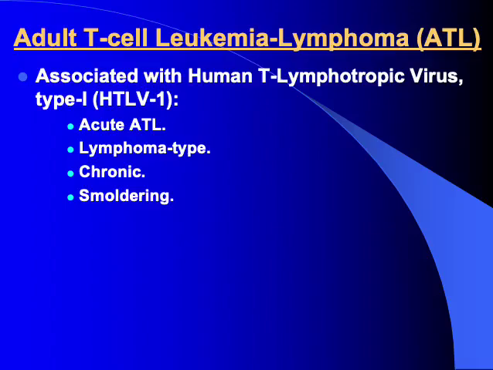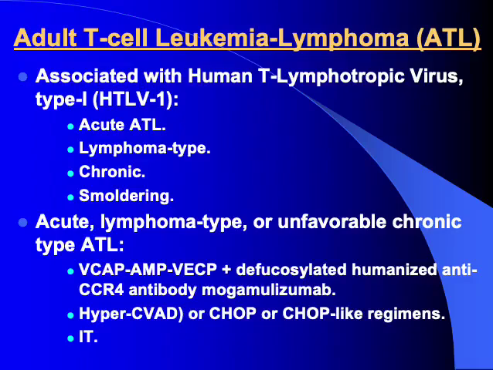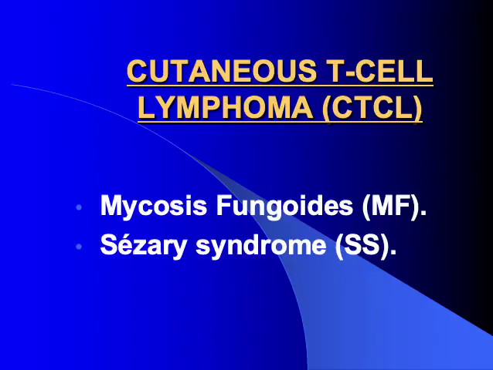It could be an acute adult T cell leukemia lymphoma, it could be a lymphoma type, or chronic disease, or a smoldering disease. Acute lymphoma type or unfavorable chronic type ATL, we treat them with aggressive, very complicated chemotherapy regimens. The simple regimens are CHOP or CHOP-like regimen or hyper-CVAD.